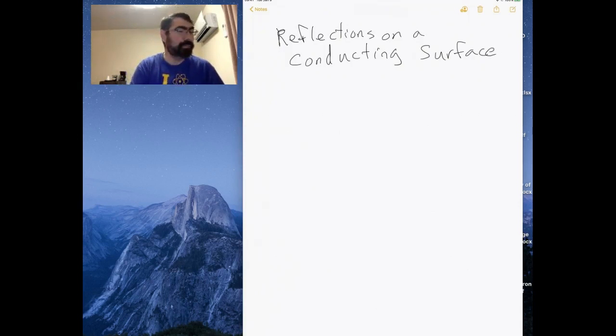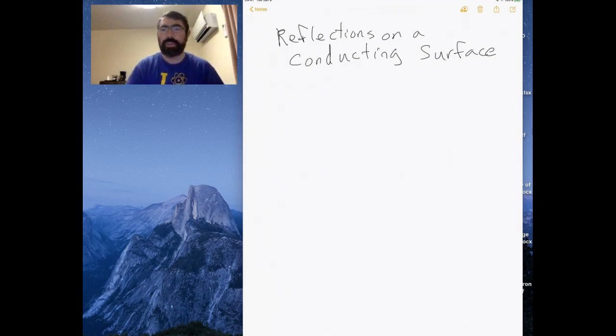In previous lectures we had talked about what happens when electromagnetic waves hit an interface and are transmitted through, but there is this kind of attenuation where the electromagnetic wave is dampened out. But now we're going to also consider the reflection aspect of it.